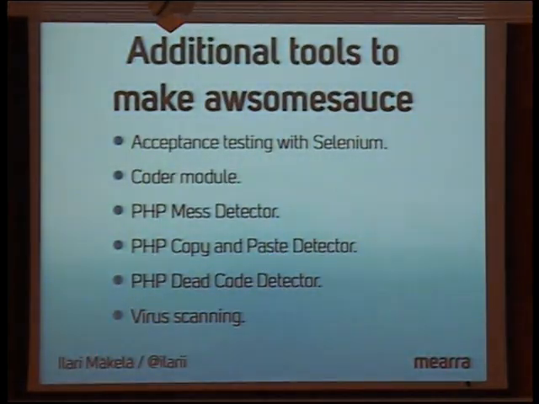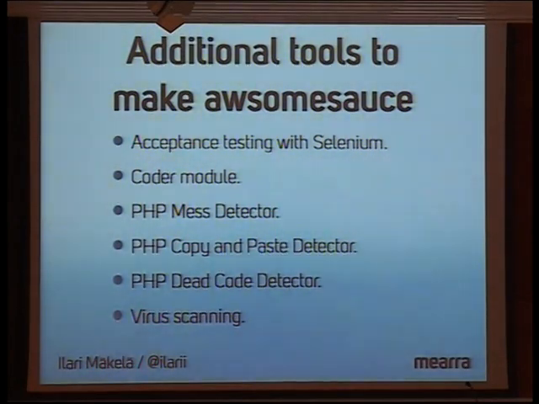Okay, so back to here. That was the basic use case of continuous integration with Jenkins and Aegir when using Drupal. But what actually makes it really cool is that we can add several things to the basic build process. When using Jenkins, we can add acceptance testing with Selenium. We can test our custom code, custom modules.